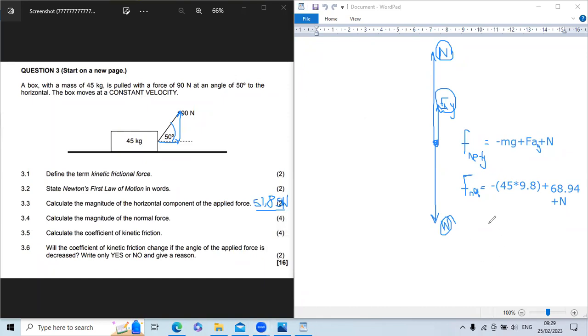So we're going to end up with, can you just quickly calculate this and take it to the other side, so we're left with our normal force on the side? Because this doesn't really have to have that many steps. So it's going to be negative 45 times 9.8, negative 441 plus 68.94.